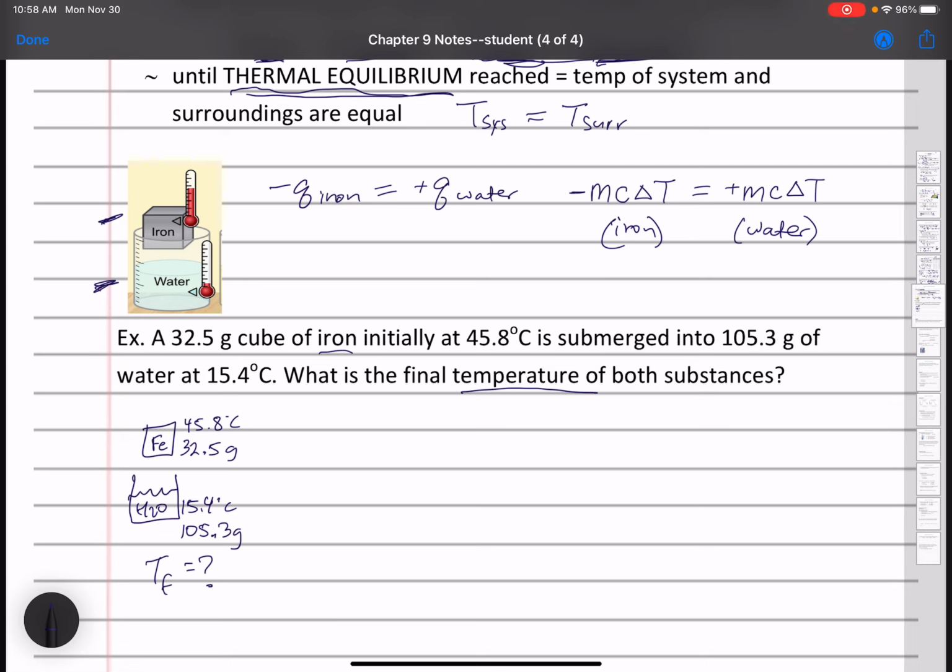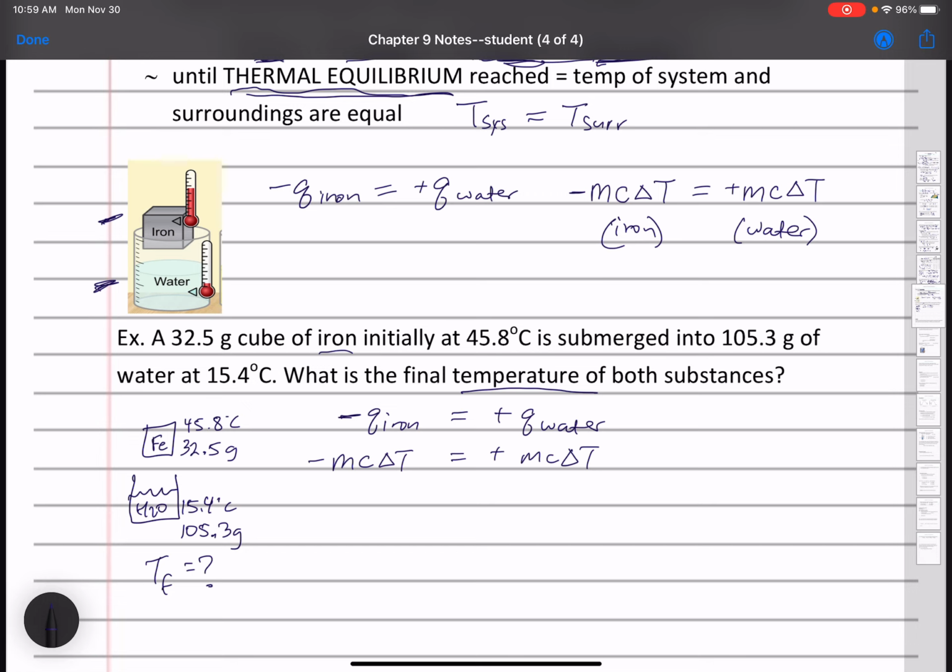So the iron is losing energy and the water is gaining that energy, that heat. So we can do the mass times the specific heat capacity times the change in temperature of the iron equals, and a negative sign there, the mass times the heat capacity times the change in temperature of the water.